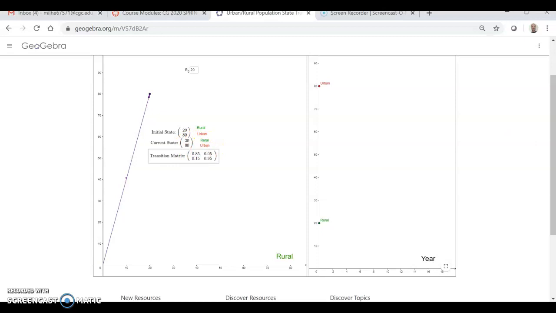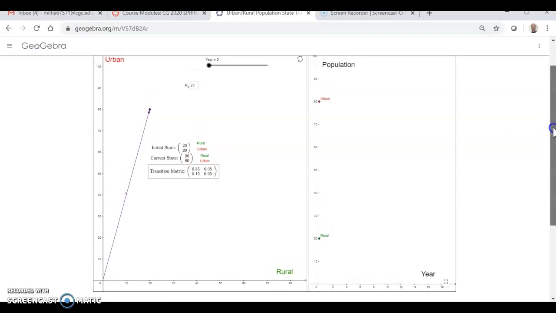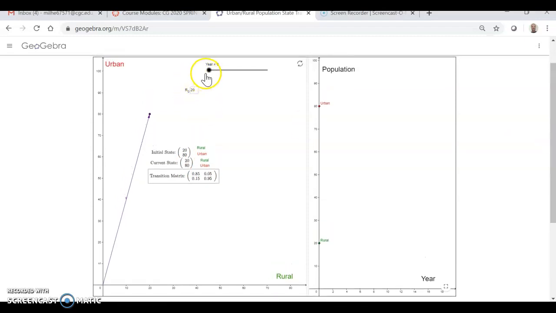There's our state transition matrix, and now what we can do here is change the value of time. Let's just change it by 1 time unit. So here's what happened. Basically, one multiplication took place. We took the transition matrix times our initial state, which gave us the current state.